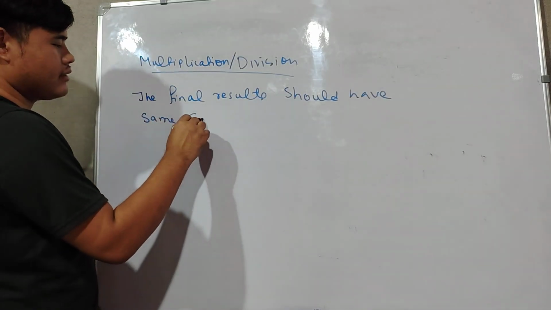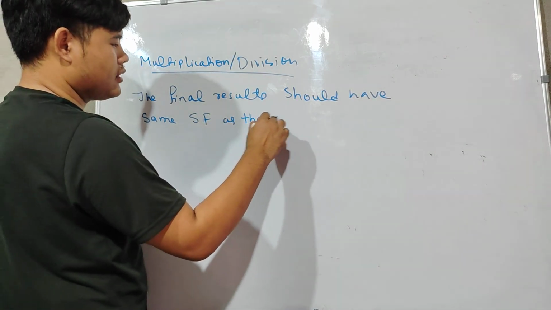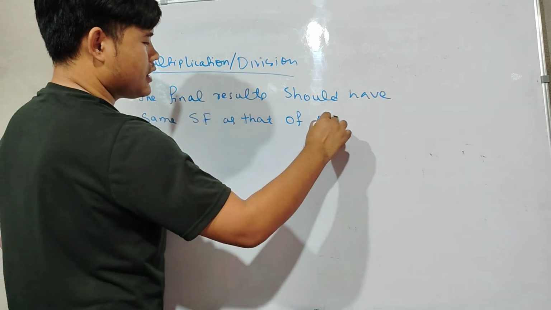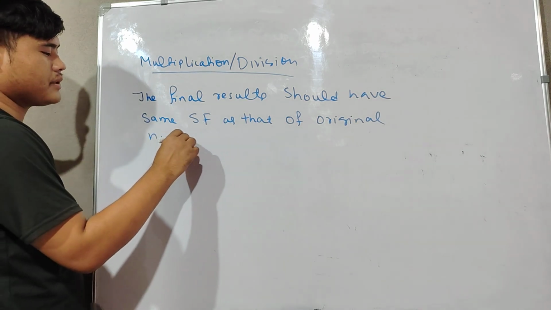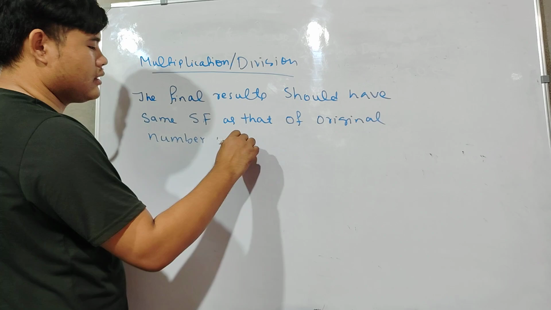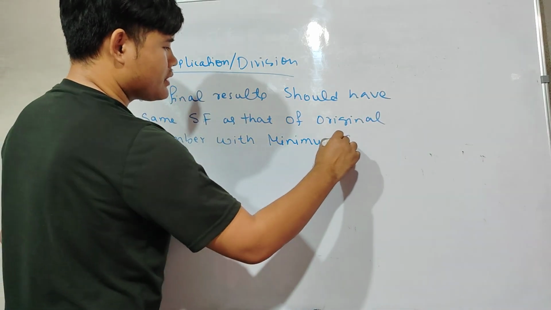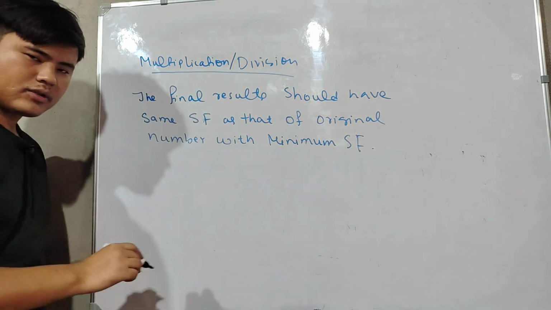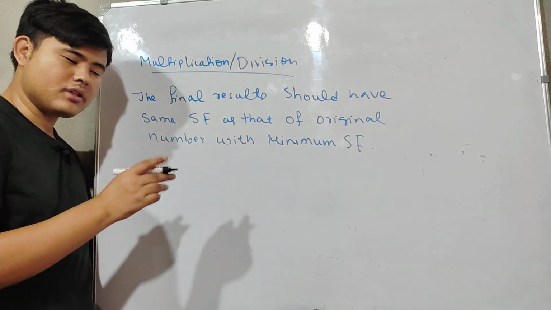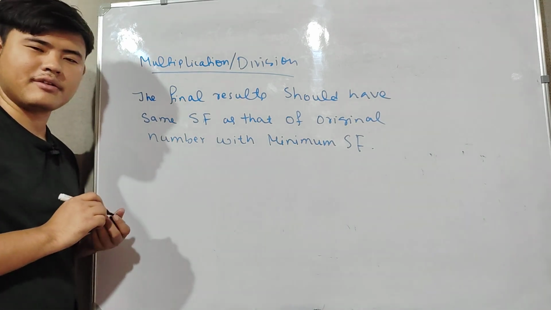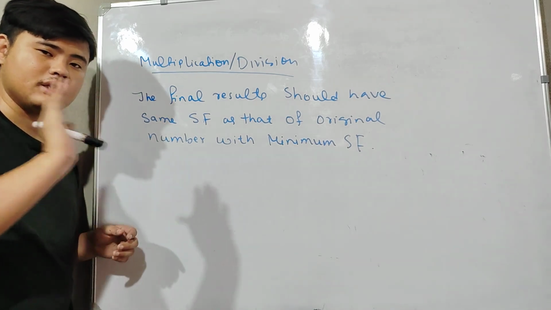When you are doing multiplication or division, you observe which one has the least significant figures. In the result also the significant figures should be the same.